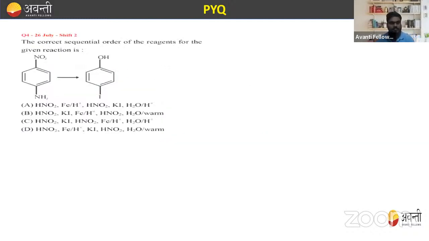Now, the correct sequential order of reagents for the given reaction is what you have to identify, for the conversion of this. We know that an NO2 and an NH2 group are present. So when this NH2 group is first treated with HNO2, the formation of BDC takes place, right?